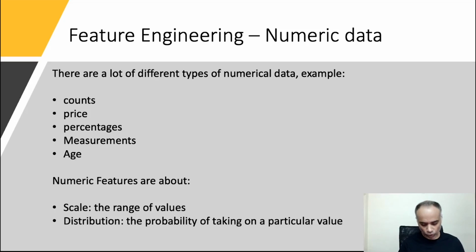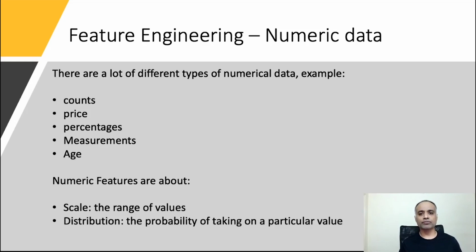Now, there are two different data types or feature types. One is numeric data. If you look into your data set, most of the data is of numeric type, having count, price, percentage, measurement, age, or any other such thing. These are all numeric data.